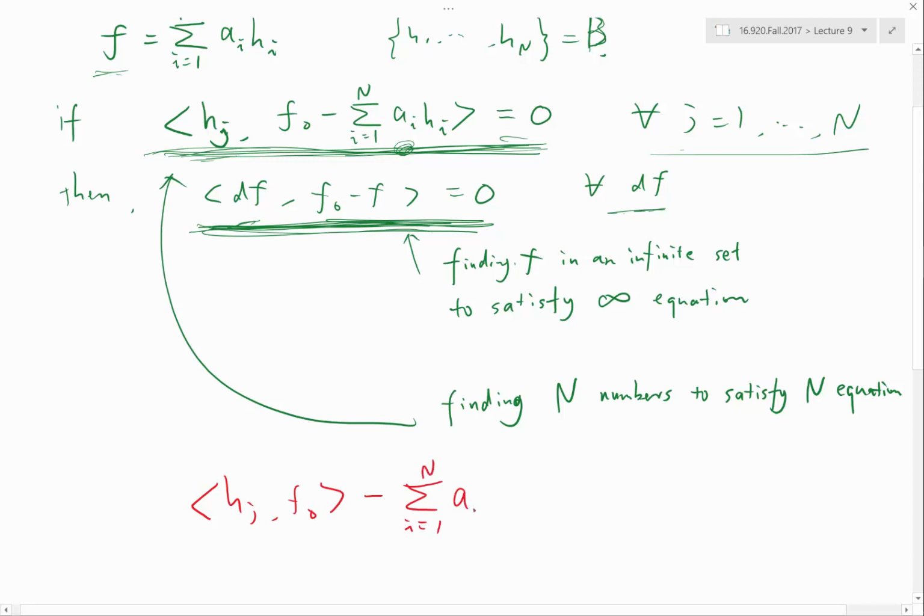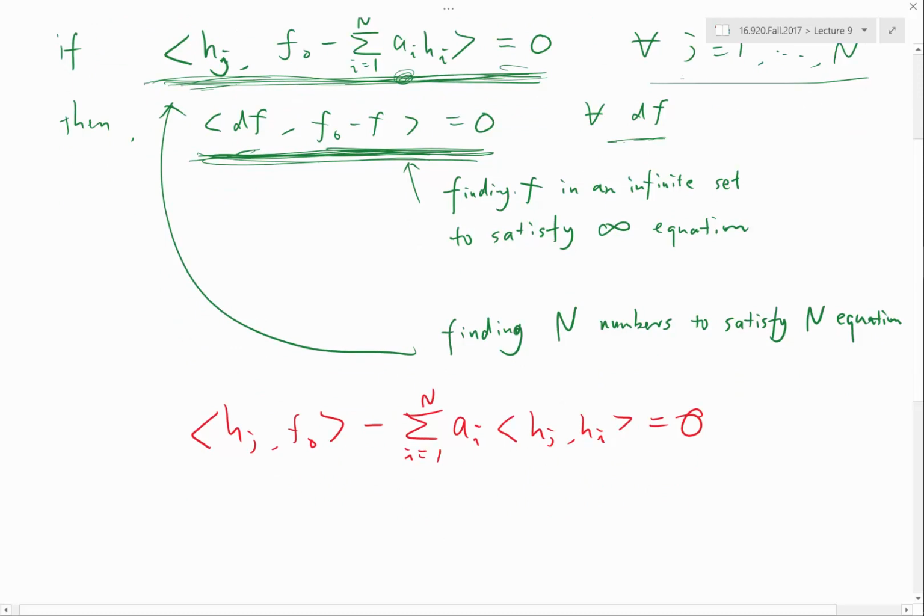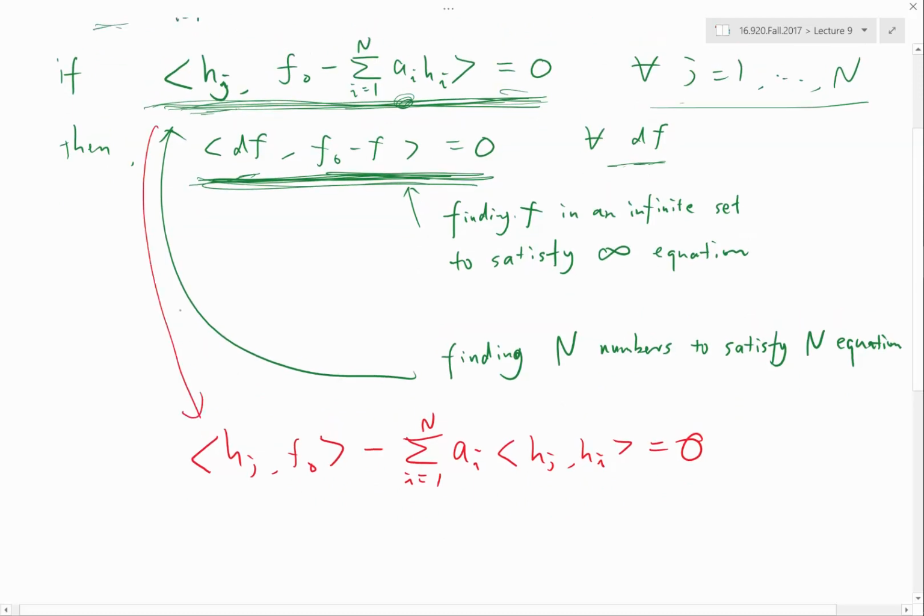We can pull the summation out of this inner product. We can also pull the multiplication by a_i out of this inner product. All right. So this is equivalent to this.